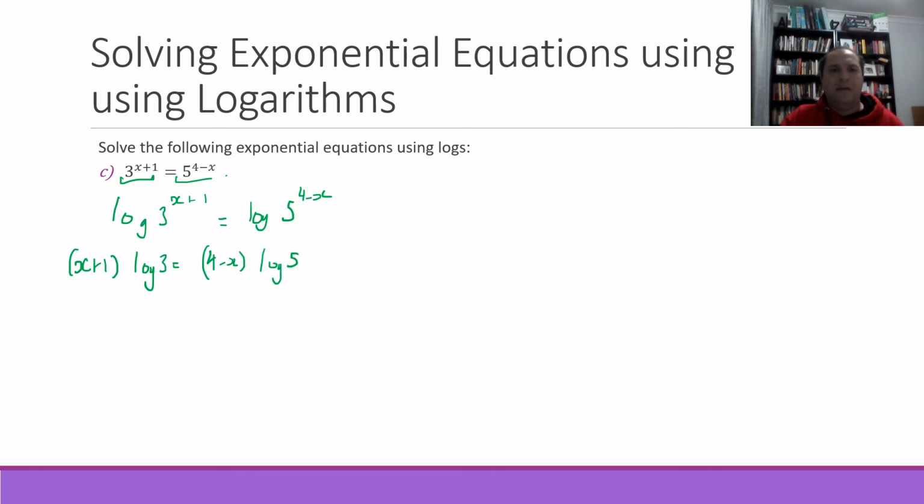log 5. Now students, my advice here for this one is make sure you put that power in brackets when you bring it to the front. You don't want to miss those brackets and think that you're actually working with 4 minus x log 5. Okay, that is not right. The brackets need to go there so that we can actually just expand those terms and help us solve here.